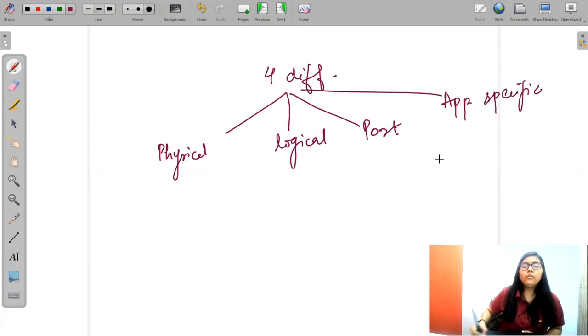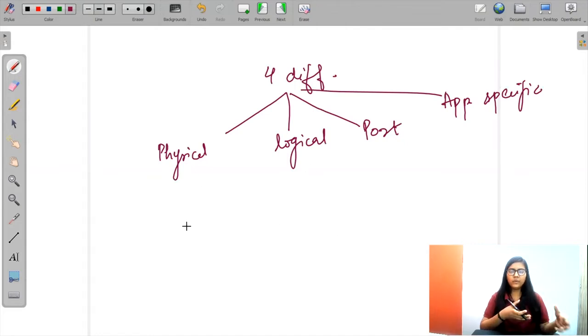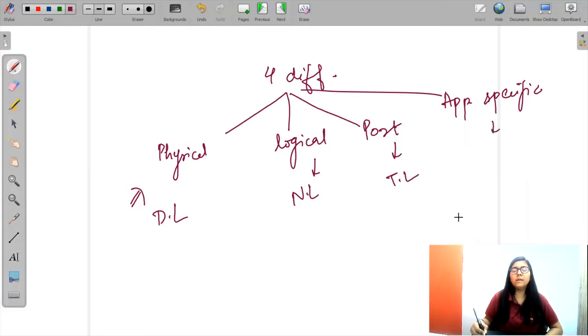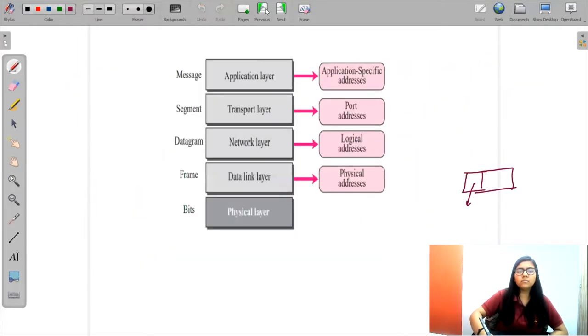If you can recall, when we were discussing the functions of the different layers, we discussed that physical addressing is done at the data link layer level, logical addressing is done at the network layer level, port addressing is done at the transport layer level, and application specific addressing is done at the application layer level, right? I can show you this through a diagram also.